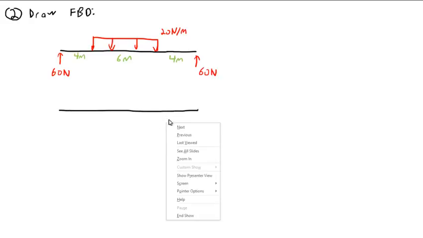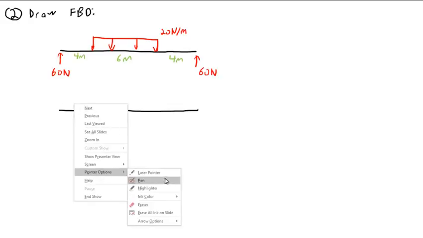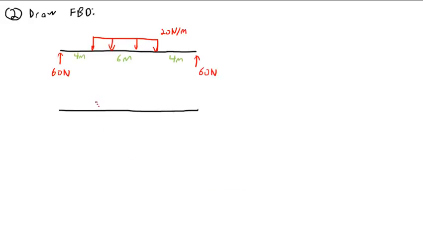Okay. So first, let's look at this. So what is the shear diagram going to do? Well, we remember that an upward load causes an upward jump in the shear. So right at A, let me just label my points.